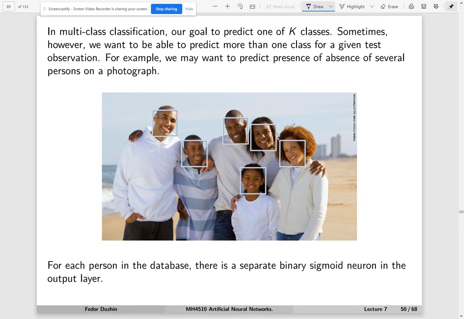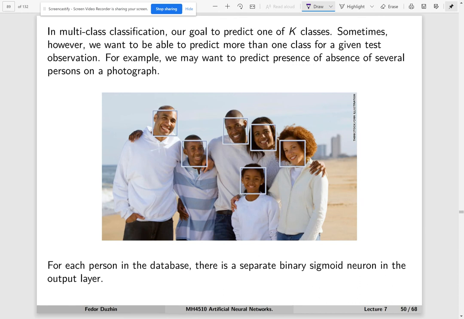For this scenario, we are going to have a binary sigmoid neuron associated with every person in our database. We are going to have a multidimensional output, but the activation function is not going to be a softmax, it's going to be a sigmoid activation function, only instead of a one-dimensional output, we will have a multidimensional output.